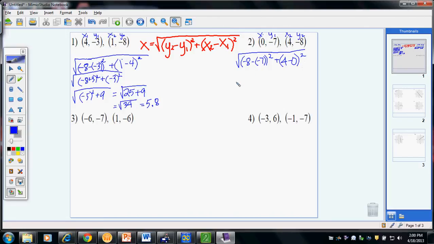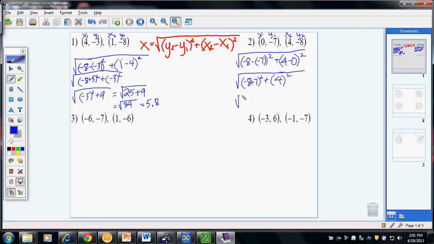Okay, so again, we have a negative 8. We have negative times negative is positive, so we have negative 8 plus 7 squared plus 4 minus 0 is 4 squared.